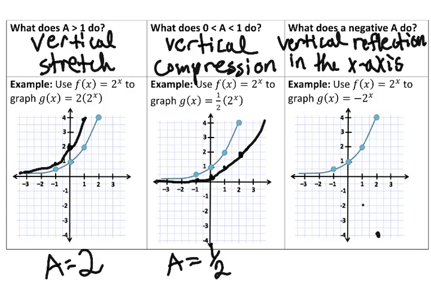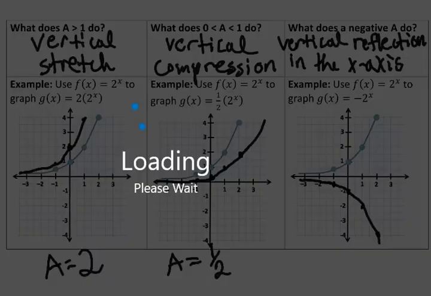Y value of 2 will become negative 2. 1 will become negative 1. Half will become negative half. And what you notice with a vertical reflection is it looks kind of like a painting maybe of a mountain, and then your reflection is sort of like the reflection of that mountain in water below. So you should see this nice reflection in the x-axis.